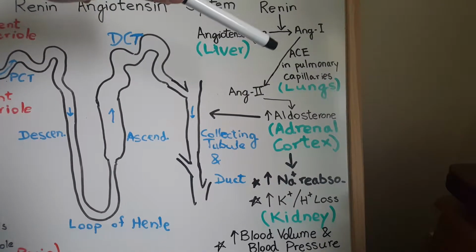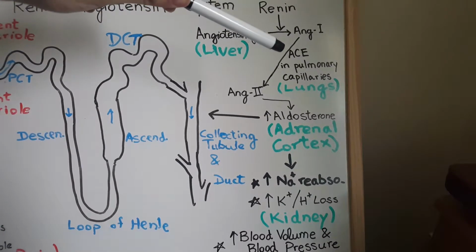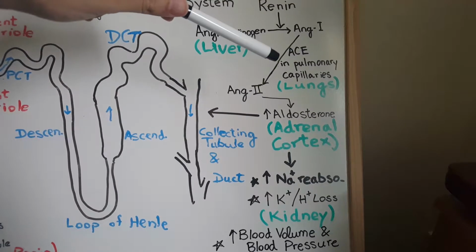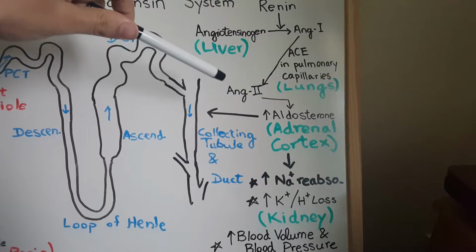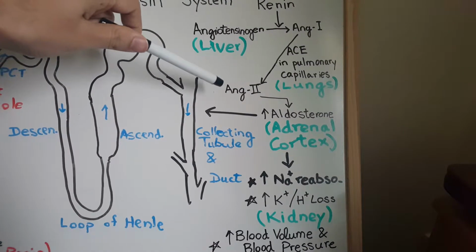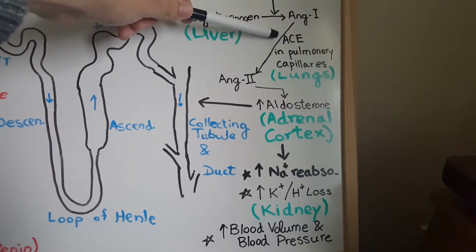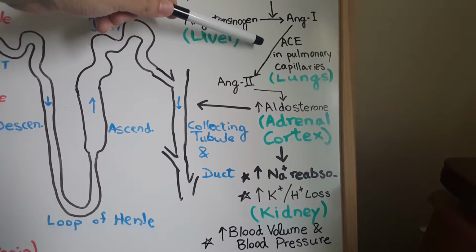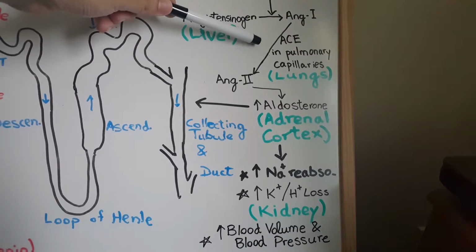Angiotensin 1 circulates in the blood. When it passes through the capillaries in the lungs, it is converted into angiotensin 2 by an enzyme called angiotensin converting enzyme, which is present in the endothelial cells of pulmonary capillaries.